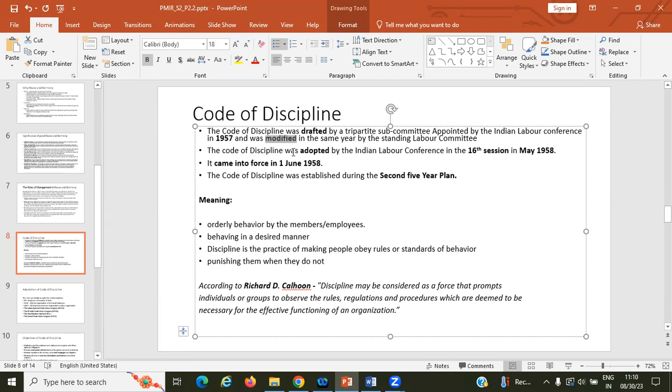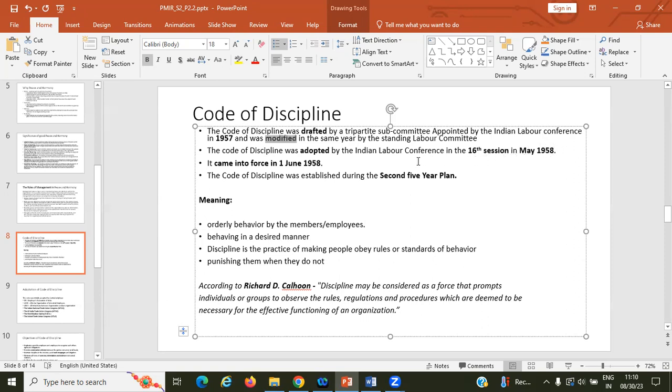The Code of Discipline was adopted by the Indian Labour Conference in the 16th session in May 1958. So you have to remember this 16th session of this committee. The question may come when the Code of Discipline was adopted.